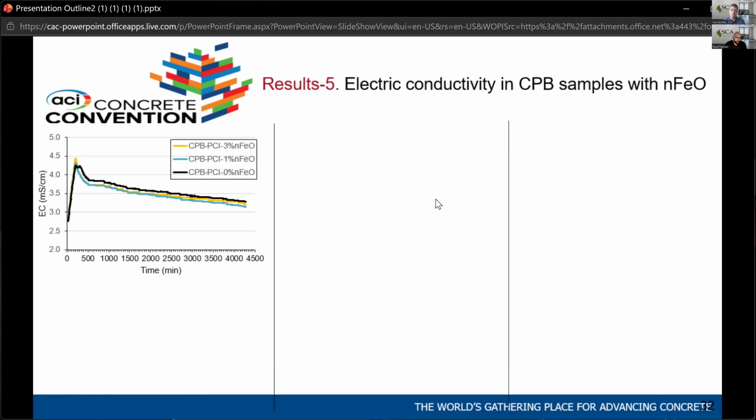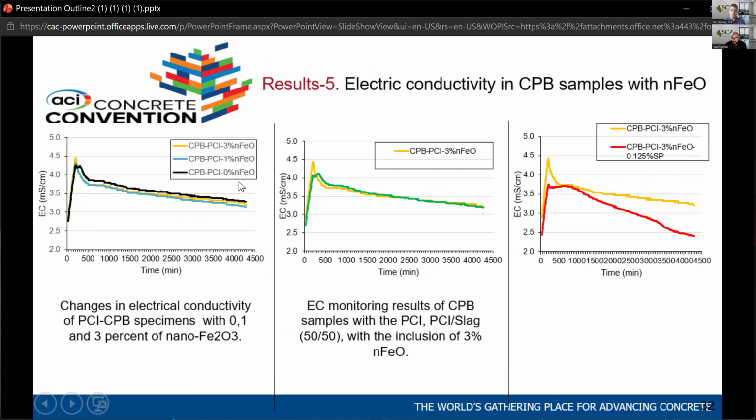And these are the electrical conductivity of all the results. You see the first graph shows in respect to percentage of nanoparticles in binders. The 3%, which is the yellow one, has the highest electrical conductivity.